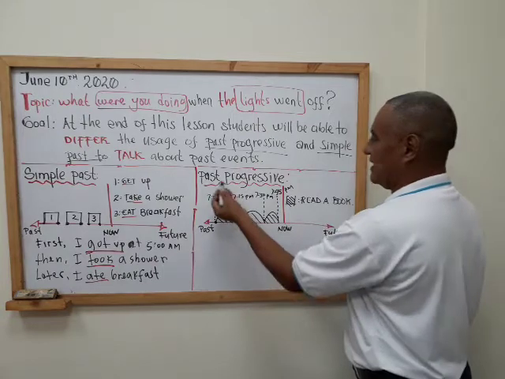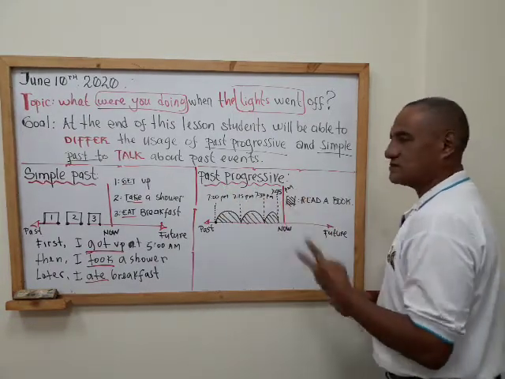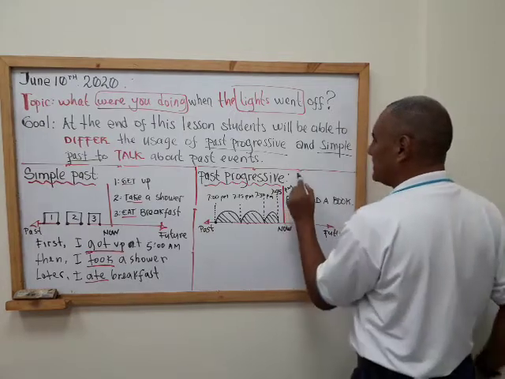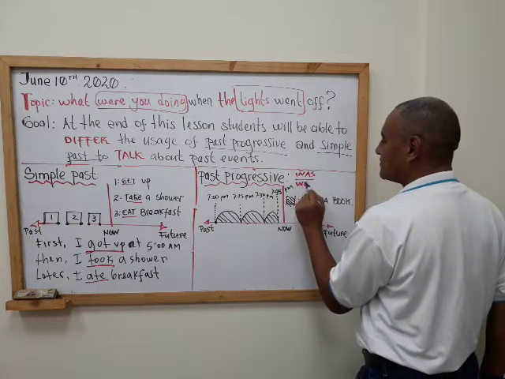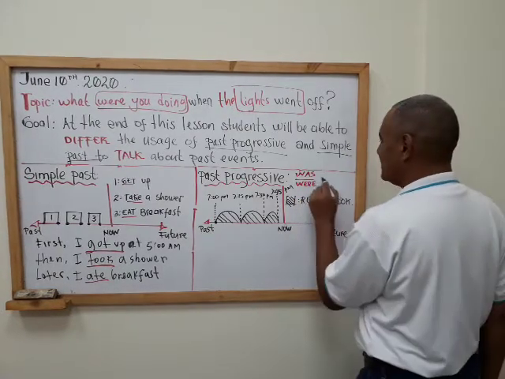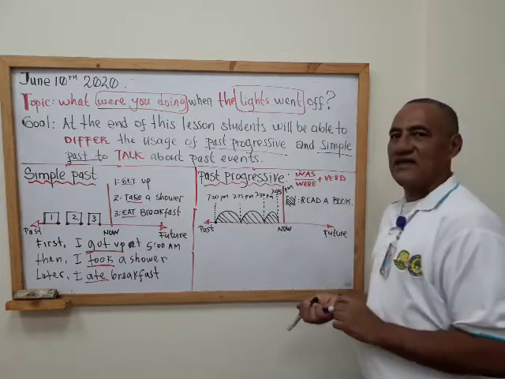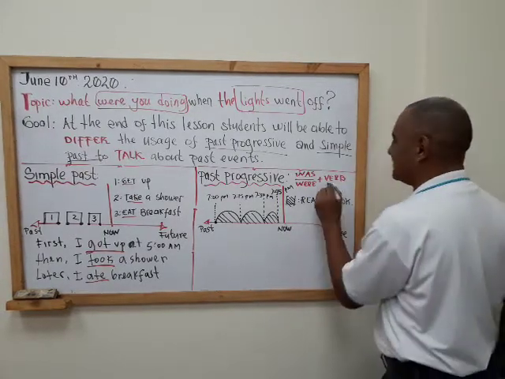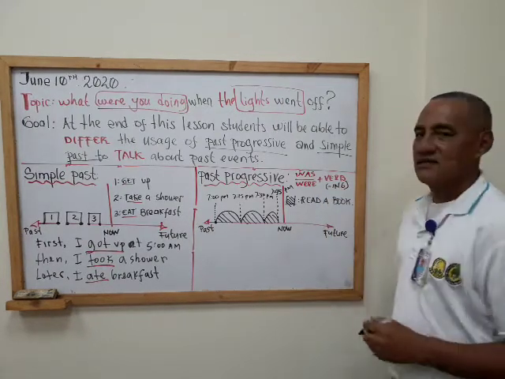Look at this. Then, for the past progressive, we need two things. First of all, we need was or were, the simple past of the verb to be. And we need a verb, an action. But with the action, there is a condition that the action has to be in ing, has to have the suffix.